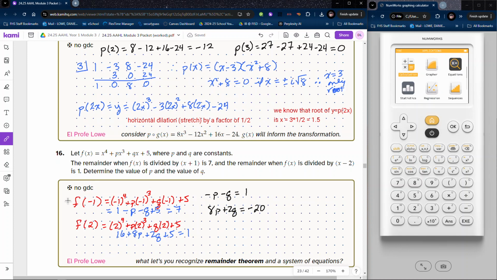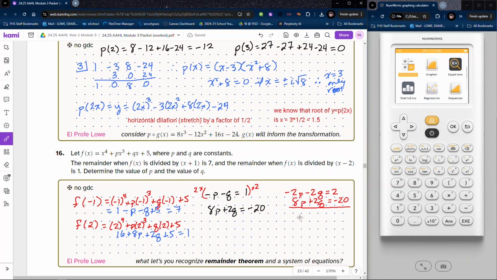So there are a variety of ways that I could solve this particular system of equations. I'm going to go ahead and multiply everything here by 2, on both sides. That's going to give me negative 2p minus 2q is equal to 2, and I have 8p plus 2q is equal to negative 20.